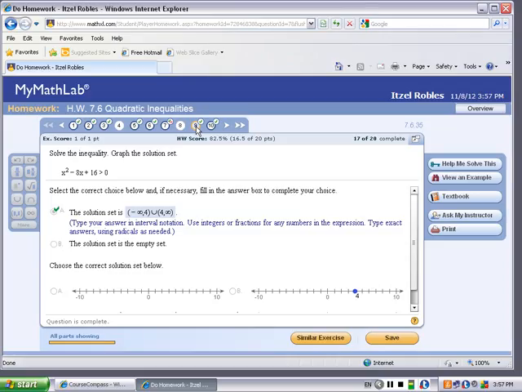So the maximum value is 3. It occurs at x equals 2. Does it make sense? So 3 is your maximum. Okay?